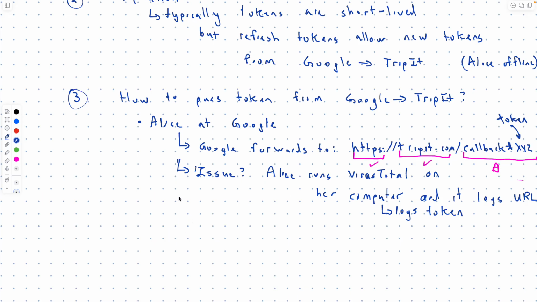So I'm not expecting you to guess the answer. It's actually pretty simple, but I'll just draw it in. So what we're going to do is instead of sending the token, I'm going to send a... You send the header, so I think you have to pass the token to headers because it's from JSON. Okay, yeah, roughly. So what we're going to do is send like a ticket to claim the token. So we're going to send a secret value, and then Tripit can take that secret value and go to Google and get the token directly.